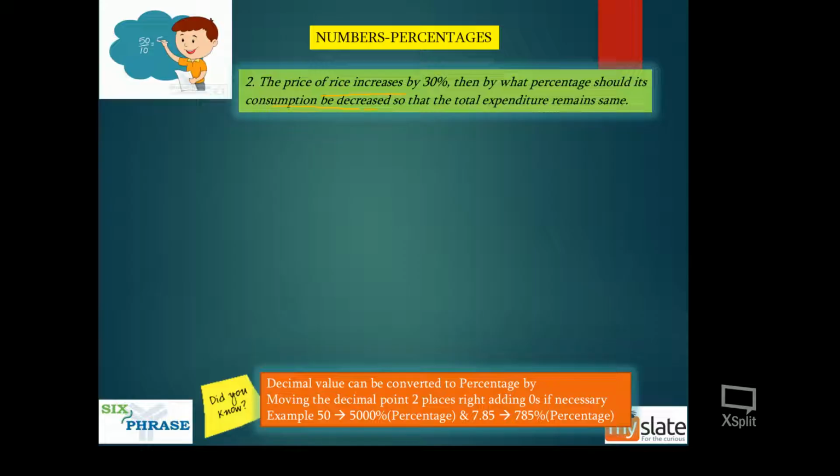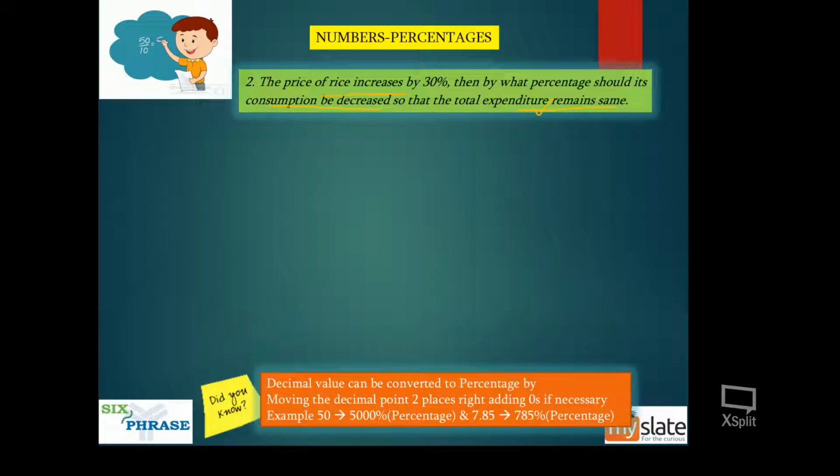Consumption will be decreased, correct? When the price is increased, consumption will decrease for expenditure remaining the same, meaning 100 rupees remains 100 rupees. If you are able to bring 150 rupees that month, then you don't need to decrease the consumption, right guys? You can get 2 kgs for 150 rupees. So when the expenditure remains same, consumption will decrease.